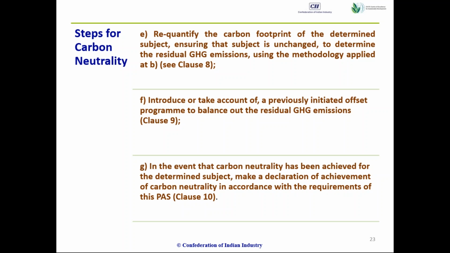So the company will have some residual GHG emissions which they would anyway emit, and they cannot go beyond a point. So whatever actions you take, you reduce GHG emissions, and for the balance remaining, you have to purchase offsets or put up some renewable energy projects.